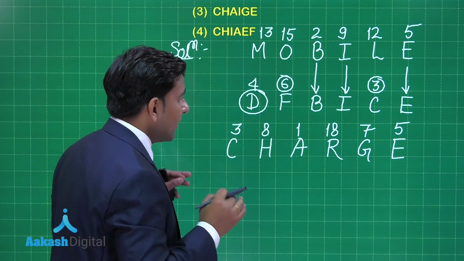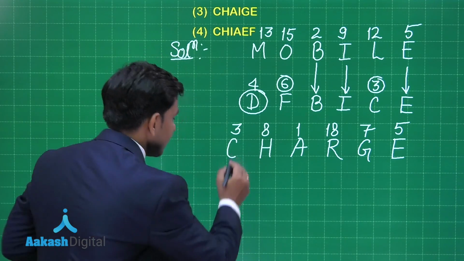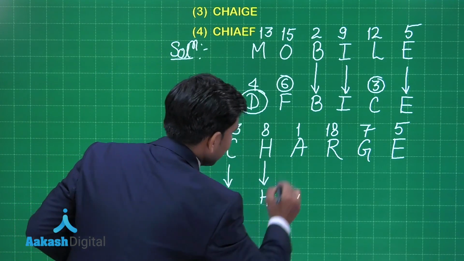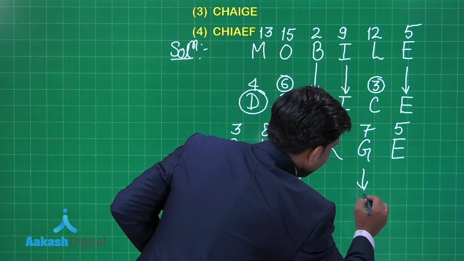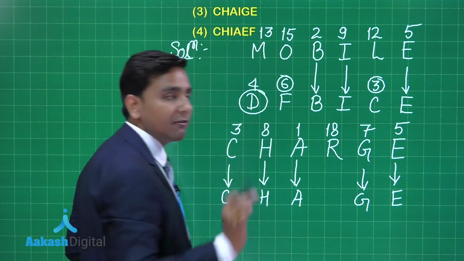Now first find the code for single positioned letters. That means C will simply be coded as C, H will also be coded as H, A will also be coded as A, and G and E are also coded as G and E respectively.